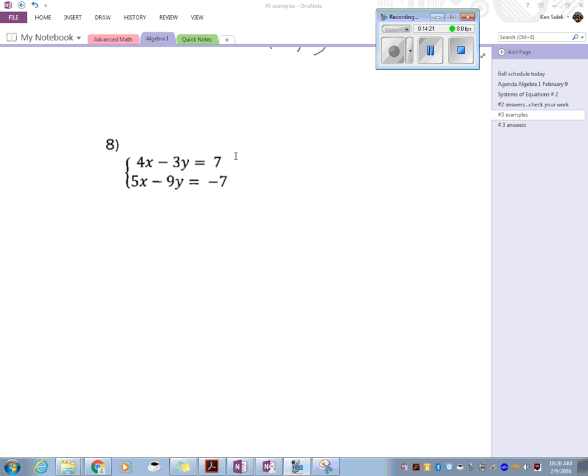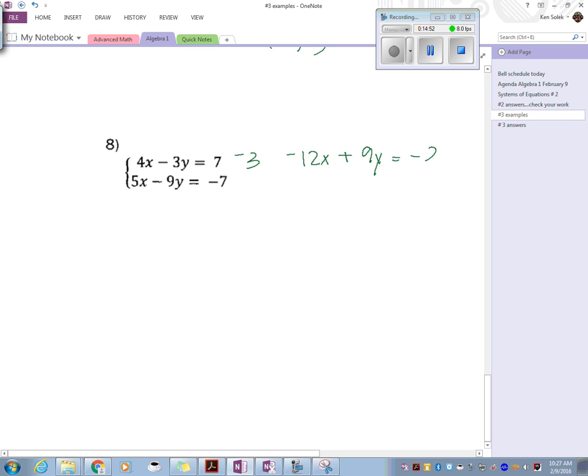Multiply the first equation by positive 3 to make the y's cancel out. So this is 12x plus, negative 3. Negative 12x plus, because negative times negative is positive, 9y equals negative 21.